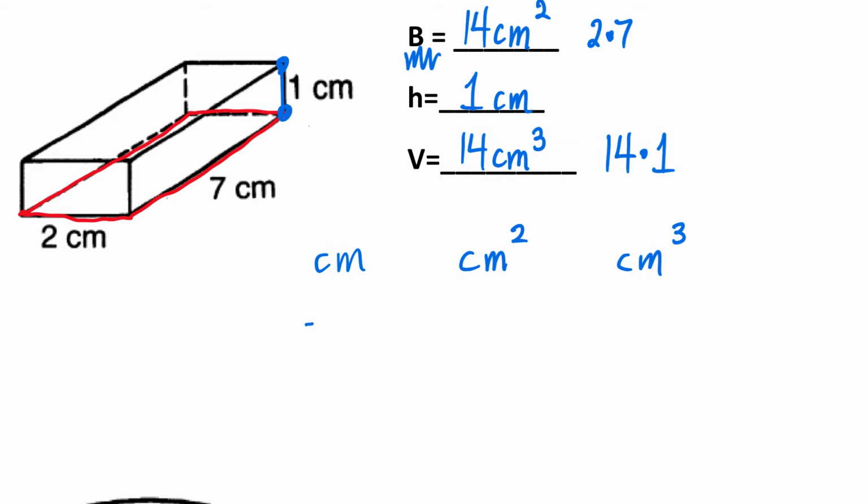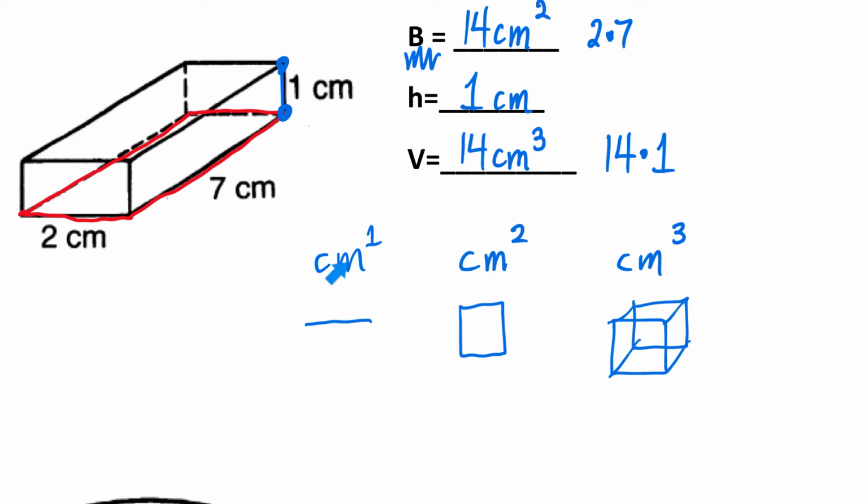Okay, centimeters is just a linear measurement. Centimeters squared is a two-dimensional space. And cubic is three-dimensional space.